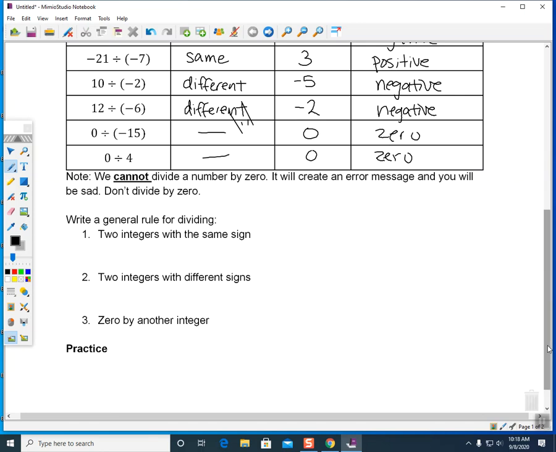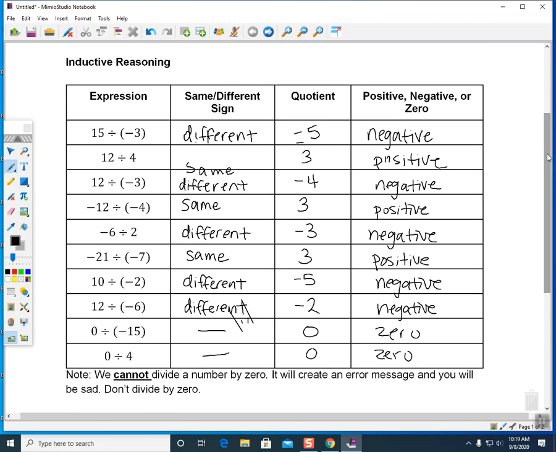Okay, we're going to come up with some rules then. So, general rules for dividing. If I have two integers that have the same sign, if I look up here and I find where they have the same sign, so here they have the same sign, here they have the same sign, here they have the same sign, my answer is always positive.